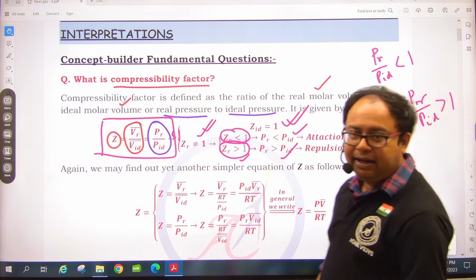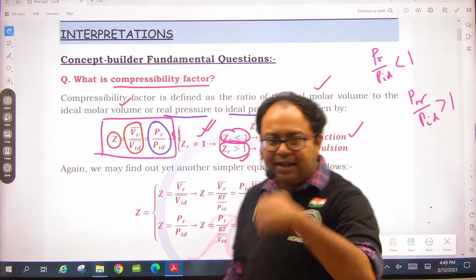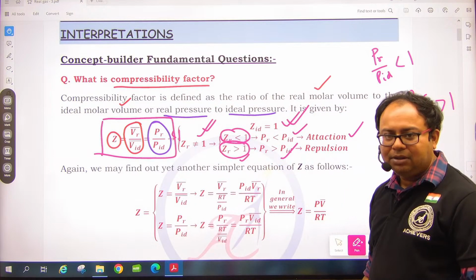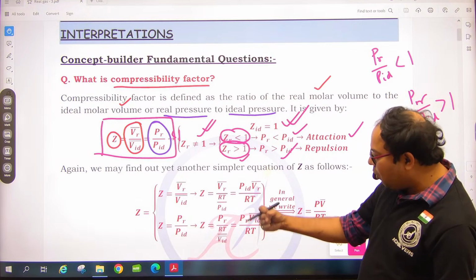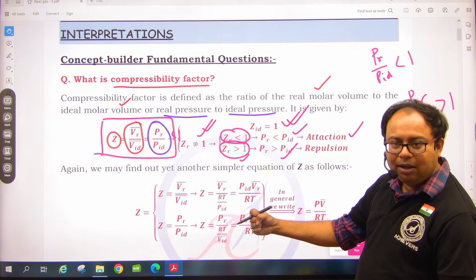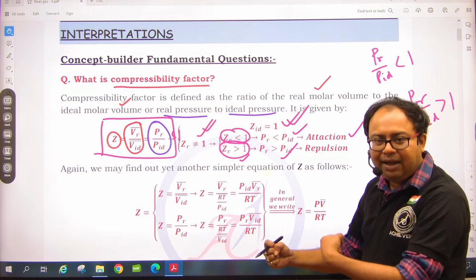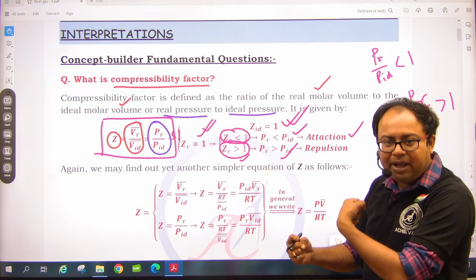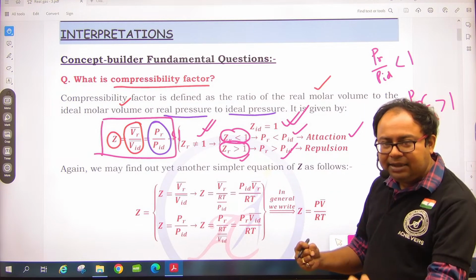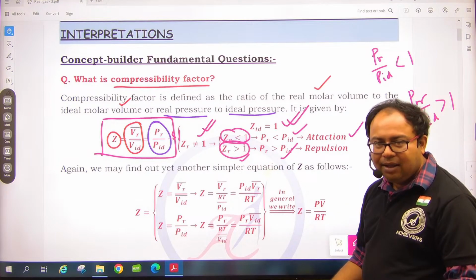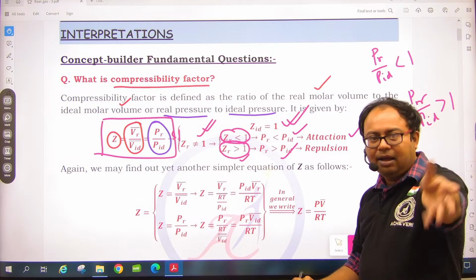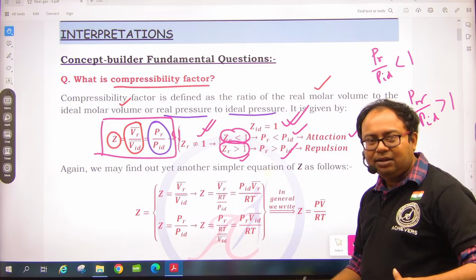On the contrary, if P R is greater than P ID, then what happens? The molecule which is about to collide with the wall is getting pushed from behind, getting repelled from behind. So the intensity of collision becomes greater than the ideal situation.